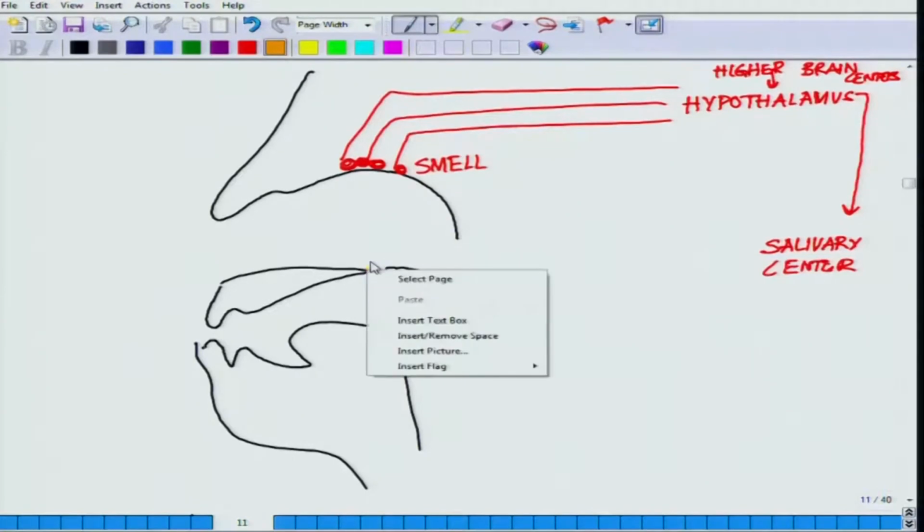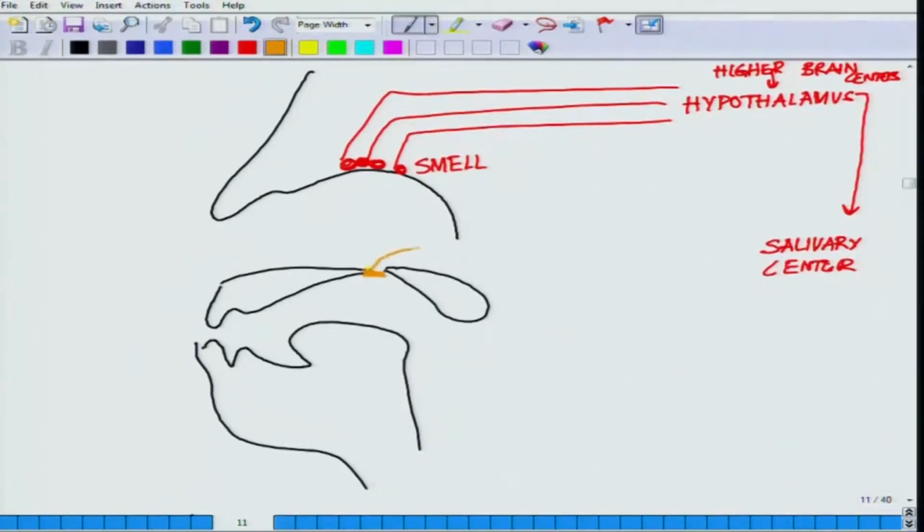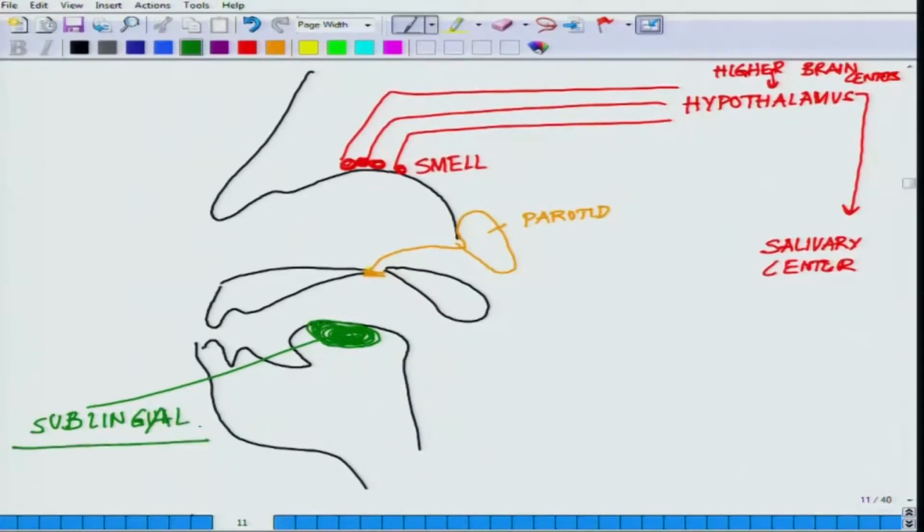Okay, here you have the parotid gland, parotid, and here just underneath your teeth you have the sublingual, and very close to it, somewhere out here, and this is all connected with each other, by the way, is the submandibular gland.